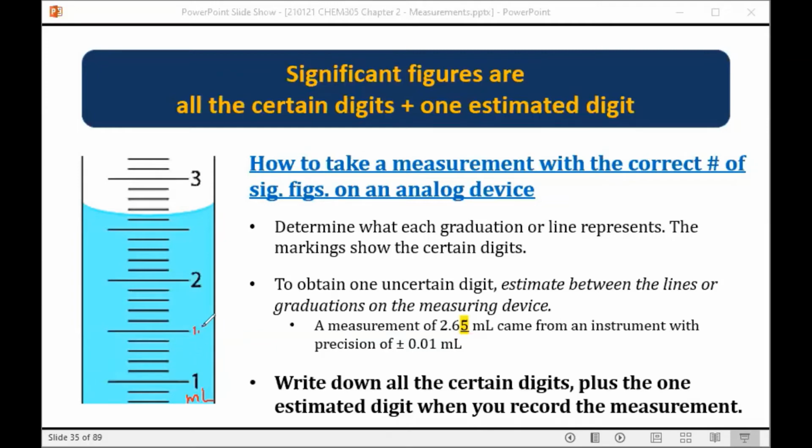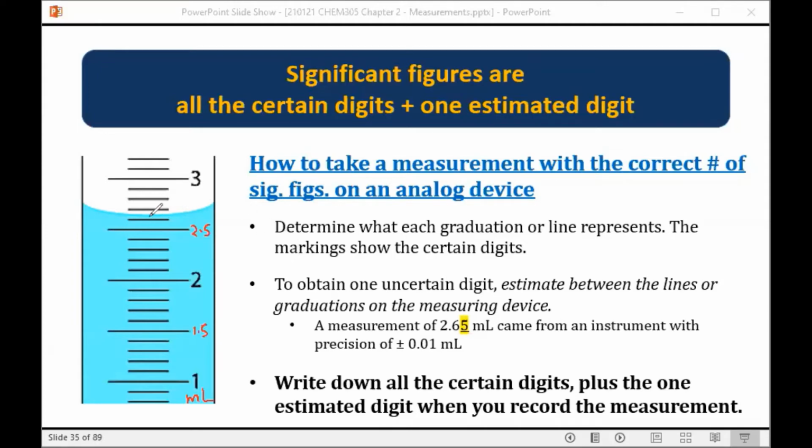So this would be 1.5. And that means this here is 2.5. When we take a measurement, we know with certainty that our measurement goes out to the tenths place, because each marking represents a tenth of a milliliter. So we need to estimate between these markings to get our one uncertain digit.